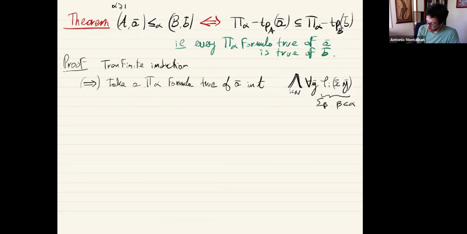Okay, so let's call this whole thing phi of x. To show that B satisfies phi, what do we need to know? We need to show that it satisfies every one of these phi i's for every y.